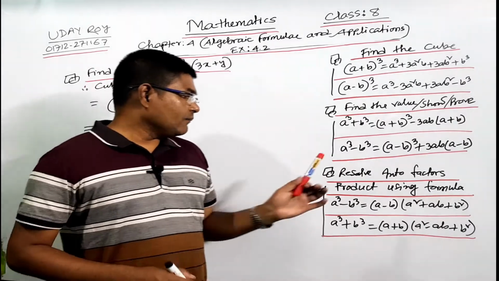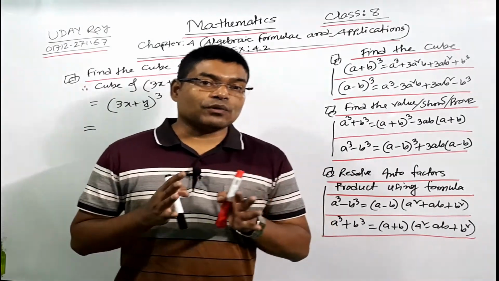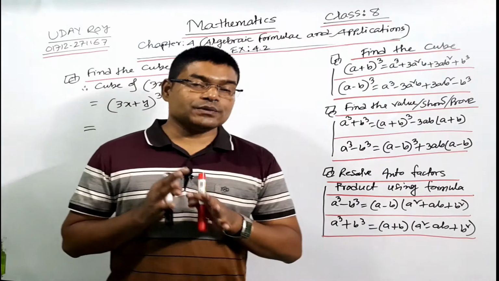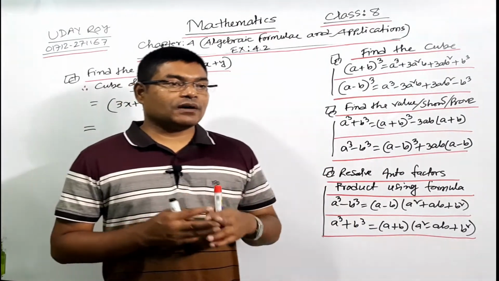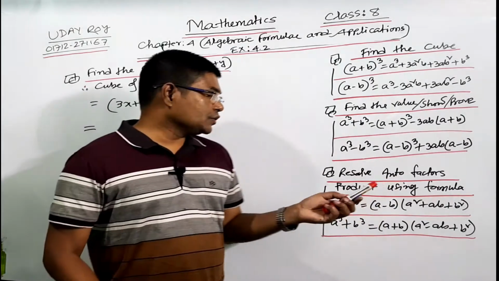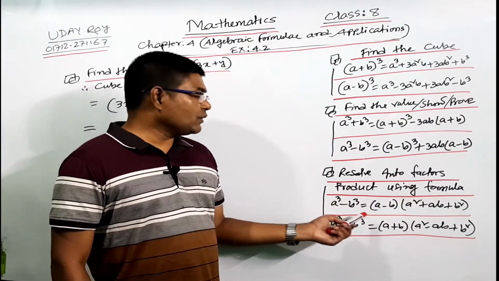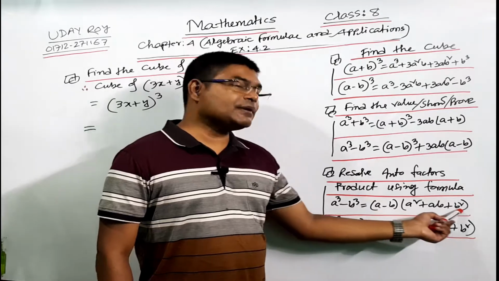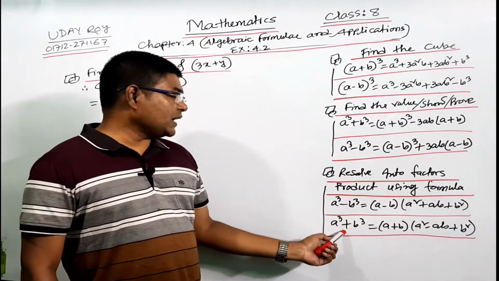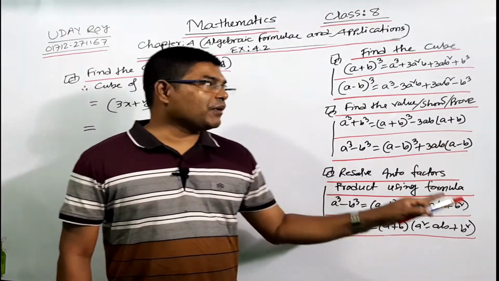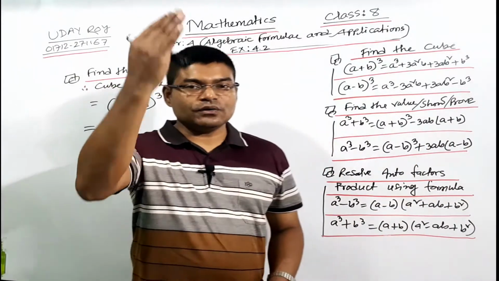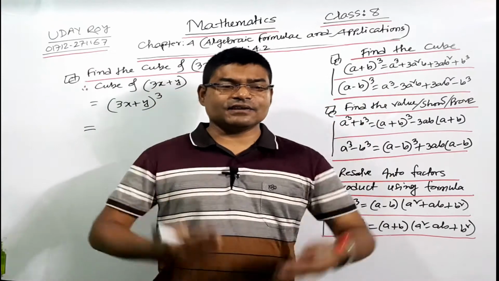And for using formula, find the product and resolve into factors, you have to follow two rules. a cube minus b cube equal to (a minus b) into (a square plus ab plus b square), and a cube plus b cube equal (a plus b) (a square minus ab plus b square). These are important. You have to keep it in your mind, then it is very easy for you.